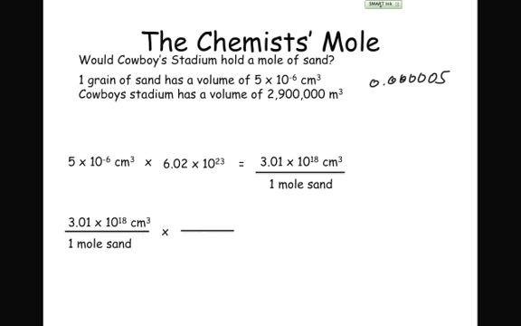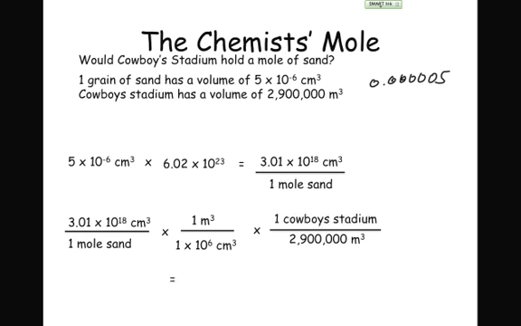We need to convert that centimeters cubed to meters cubed, because that's how I've got my volume of the Cowboy Stadium. And 1 times 10 to the 6 centimeters cubed is 1 meter cubed. If you don't know how to do that cubic conversion, just come see me and I'll tell you how to do that. 1 meter cubed is 1,000,000 centimeters cubed.